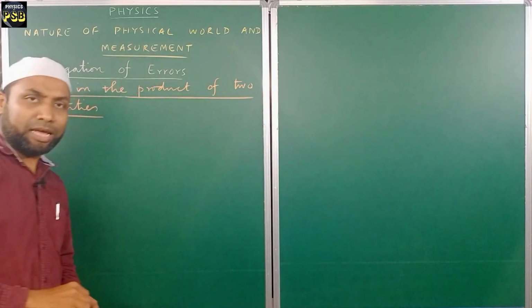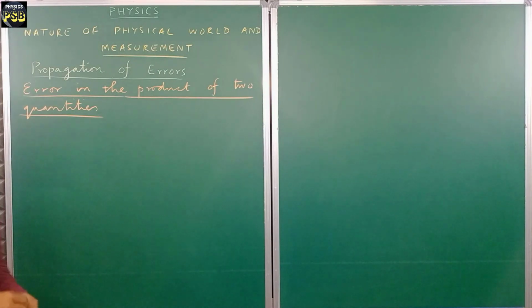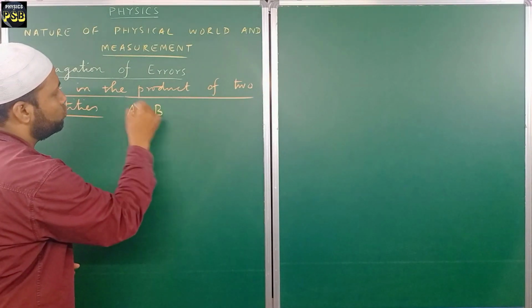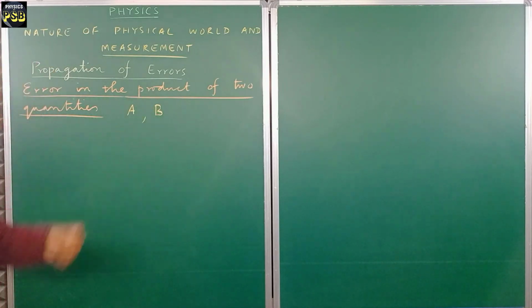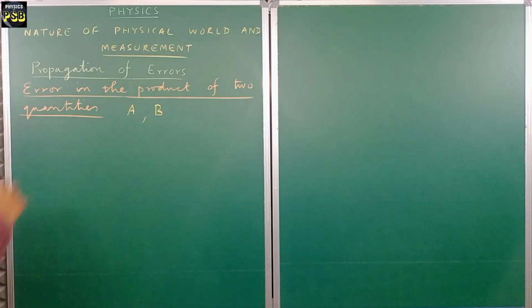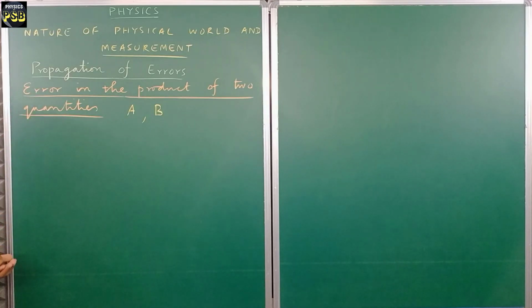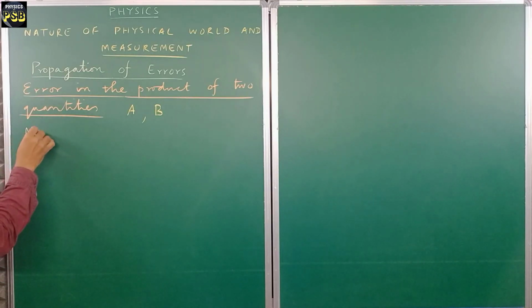To find the total error involved in the product of two quantities, I take A and B as two quantities. So this time I will multiply them to get the total error involved in the calculation. So here, I follow the same method as I did for other cases.